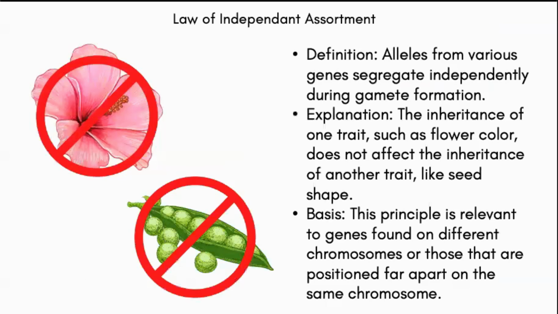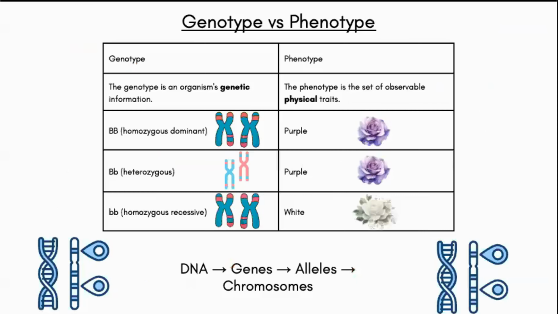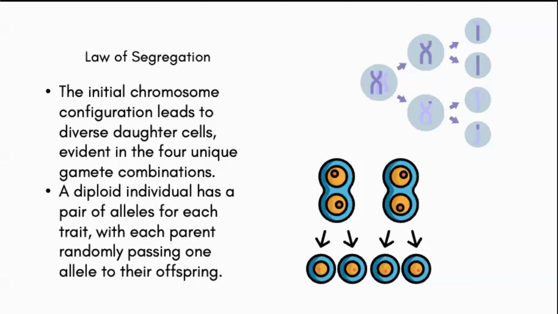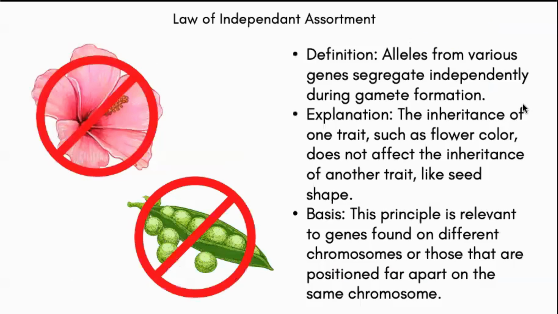So now let's talk about the law of independent assortment. Remember, we talked about meiosis 1 and meiosis 2. So I'm going to go back to this slide here and we're going to focus in on meiosis 1. If you remember, in prophase 1 we have the chromosomes swapping, right?